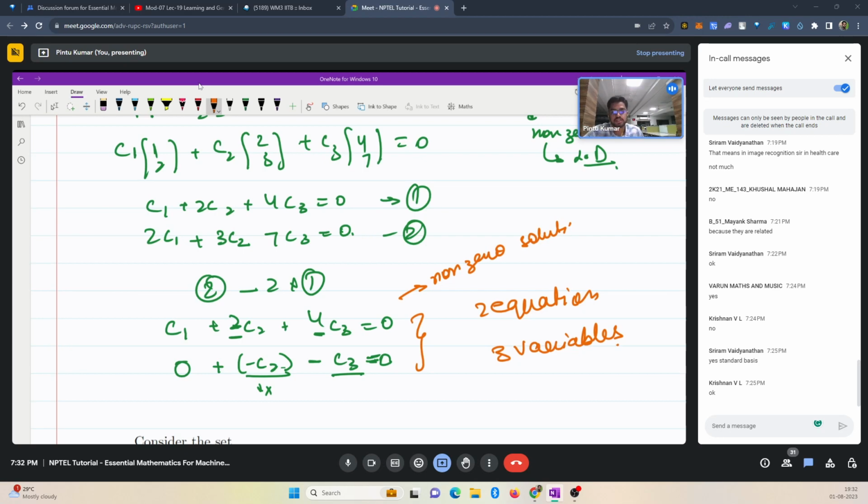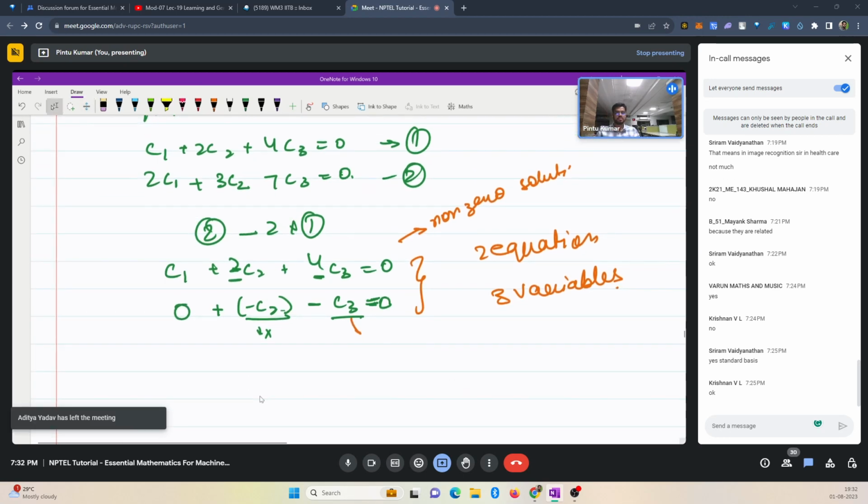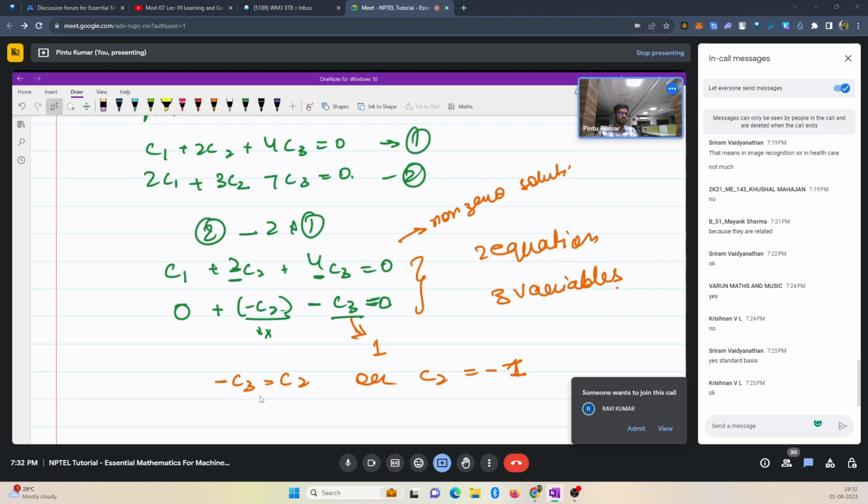How do we obtain it? Let's take C3 to be 1. Then using the second equation, we obtain that minus C3 is equal to C2, so C2 is equal to minus 1.